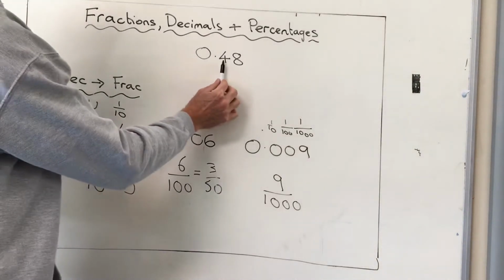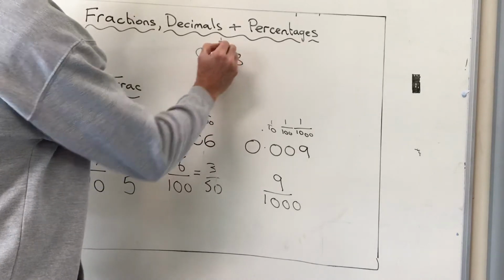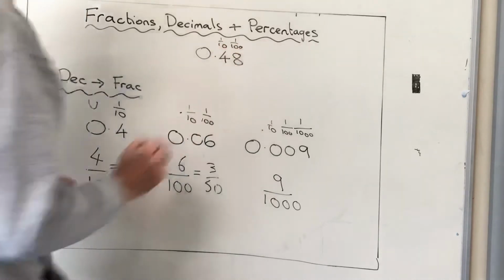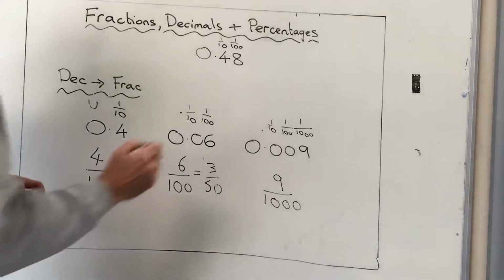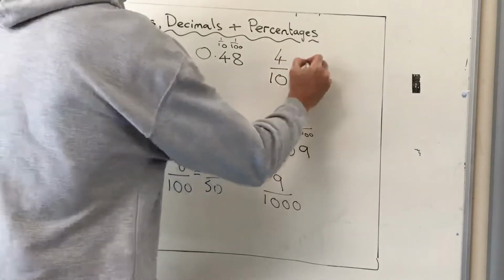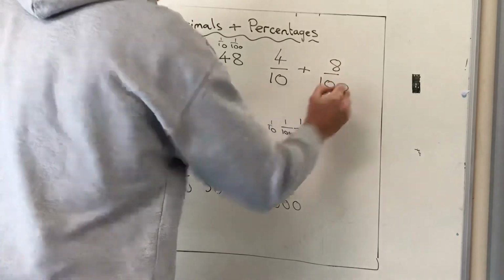The 4 represents the tenths column, so it is 4/10, and the 8 is in the hundredths column. So we have 4/10 and 8/100ths.